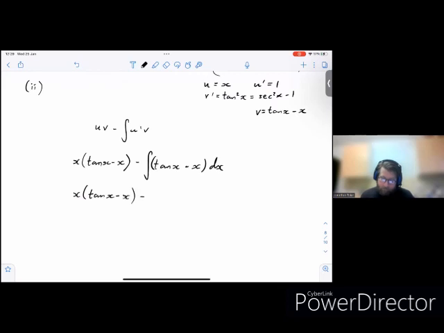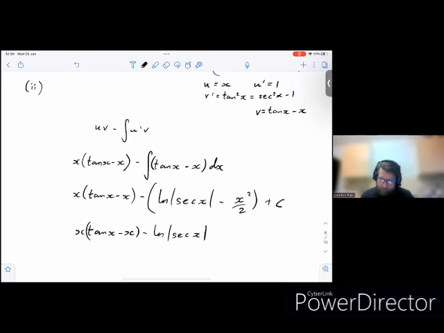This becomes log of sec x minus x squared over 2 plus c. So this becomes x tan x minus x minus log sec x plus x squared over 2 plus c.